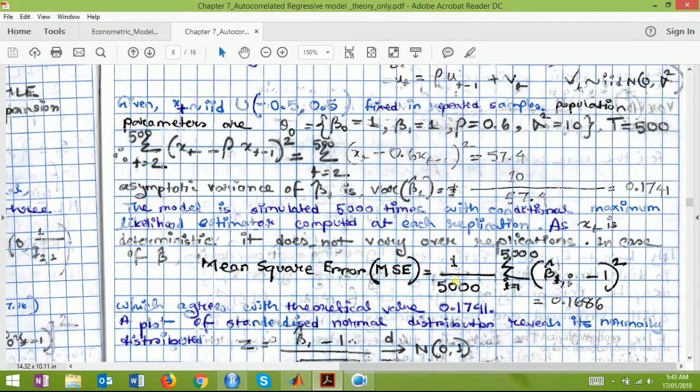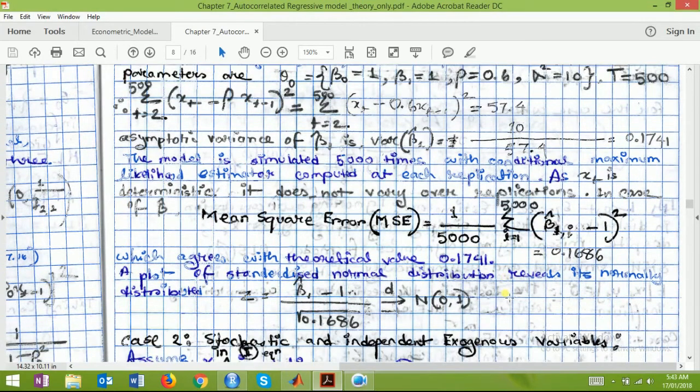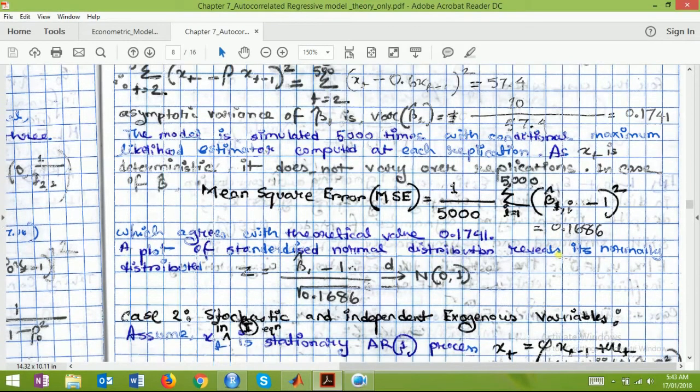In case of beta hat, the mean squared error is 1 by 5000 times the sum over replications of beta i minus 1 whole square. So is this, which agrees with the theoretical distribution, and the normal distribution is beta 1 minus 1 divided by the mean squared error.